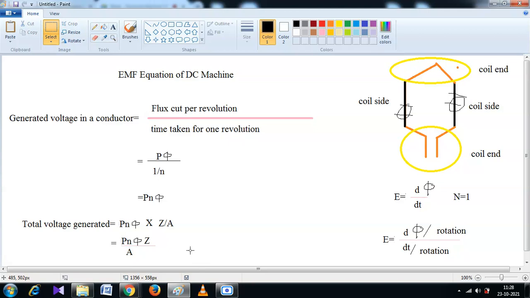This is the equation of generated voltage in a DC generator. Write that down.